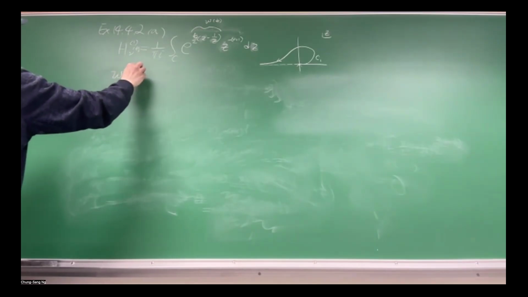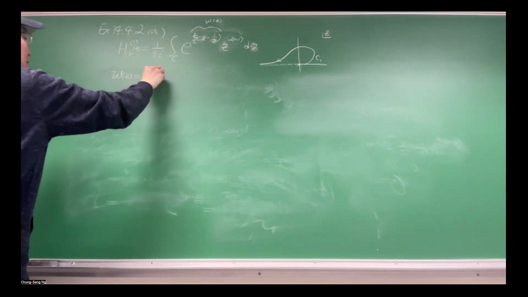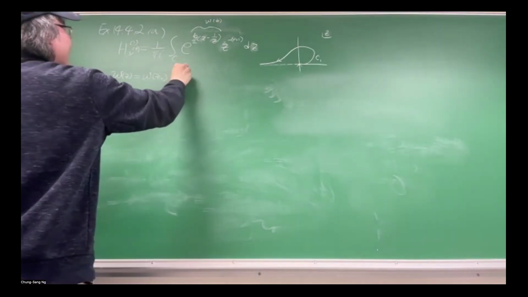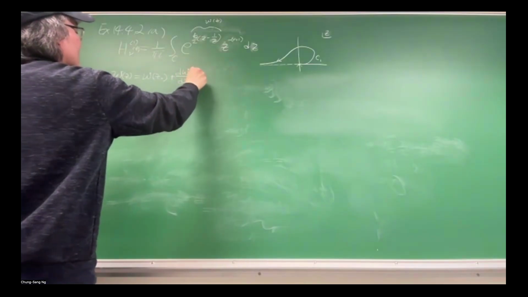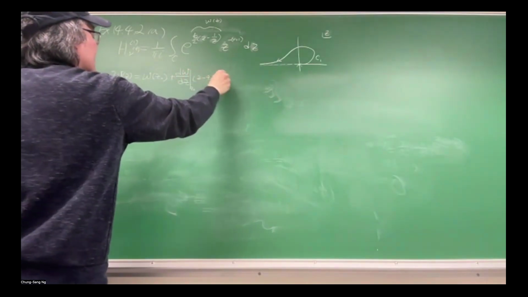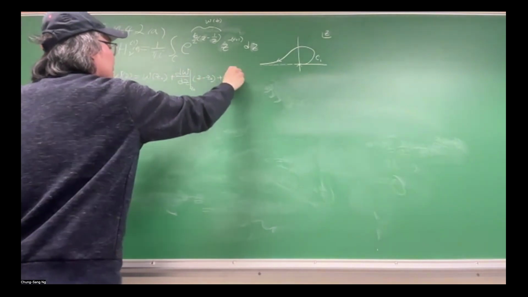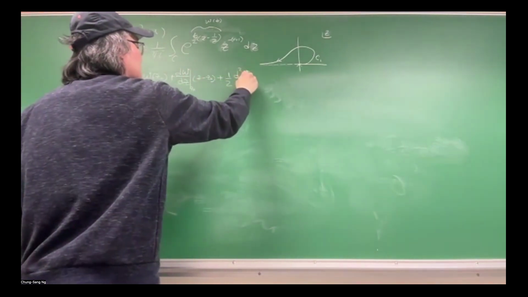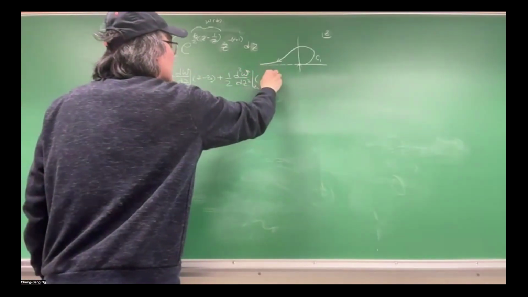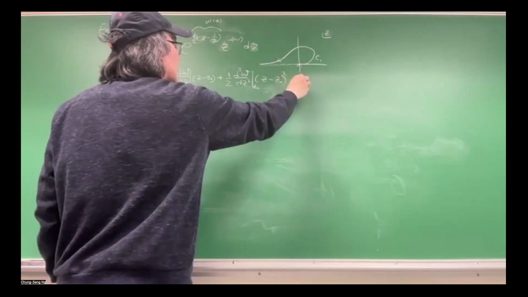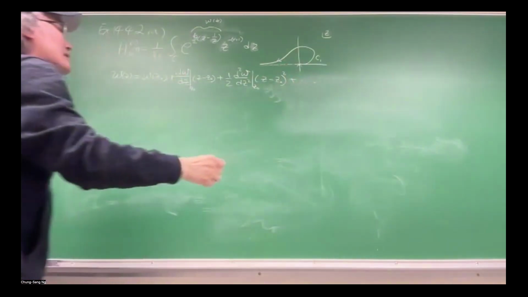W(z) equals W at z sub 0, plus half W'' at z0 times (z minus z0) squared, plus higher order.